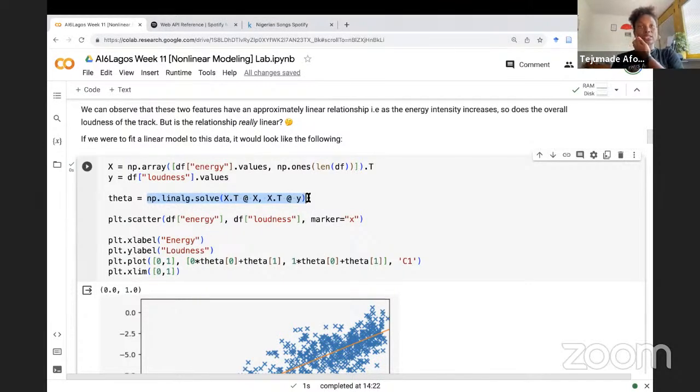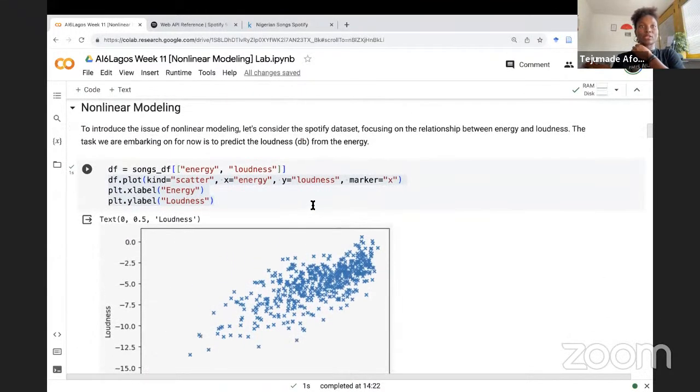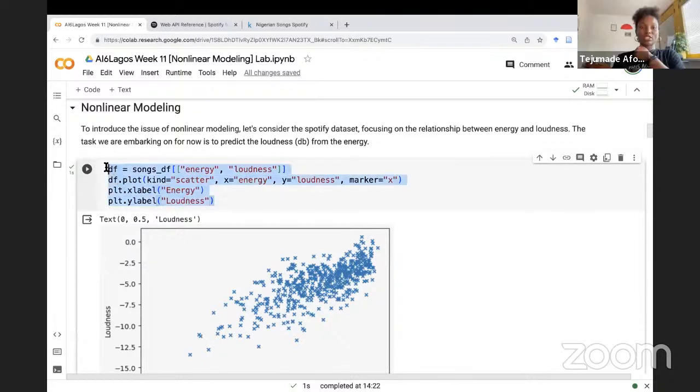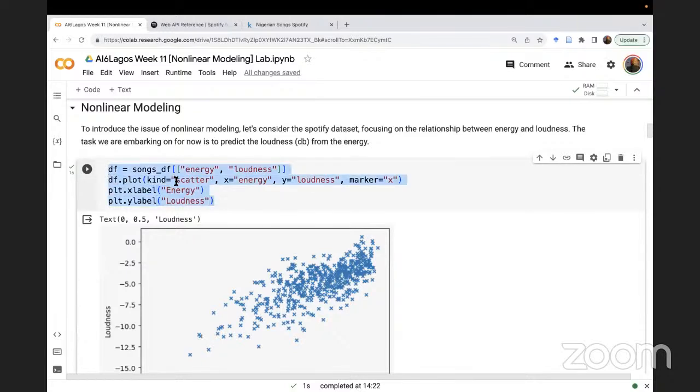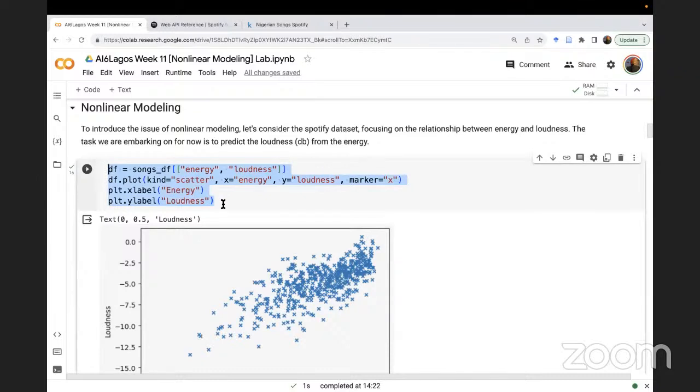If you run it and you're getting an error, what error do you get? Which cell gives you an error, Jack? Does anyone else get an error? Where this code is, under nonlinear modeling? This one gives you an error. What error is it showing? That the name songs df is not defined.